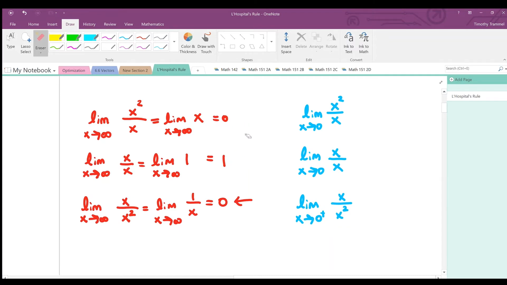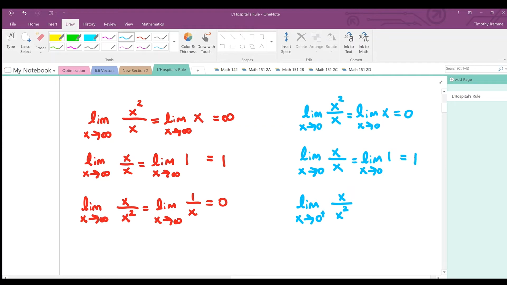And we can see the same thing over here if we're in the form 0 over 0. You can see all these ones on the left are of the form 0 over 0 because now we're taking the limit as x approaches 0. But similarly, you could think about this as the limit as x approaches 0 of x, which is 0. Or this one here would be the limit as x approaches 0 of 1.